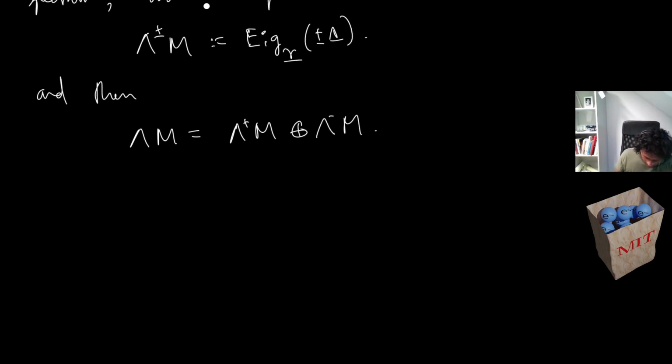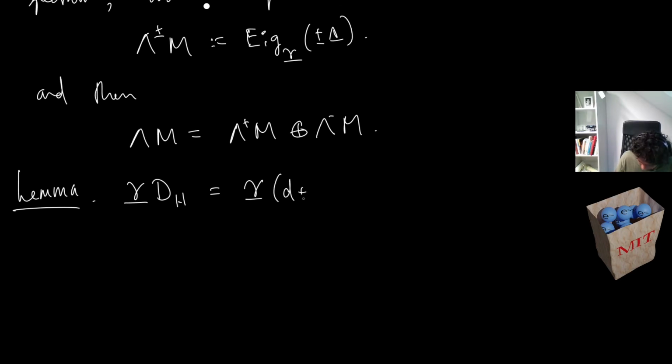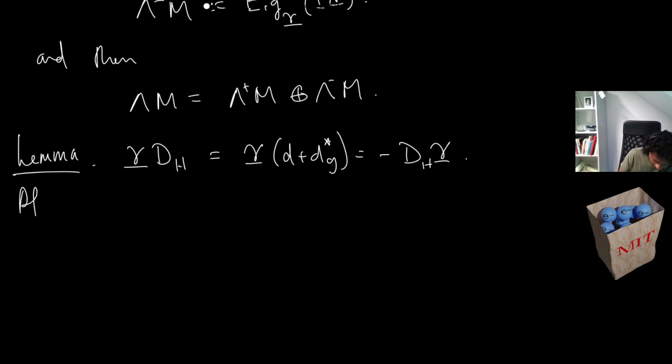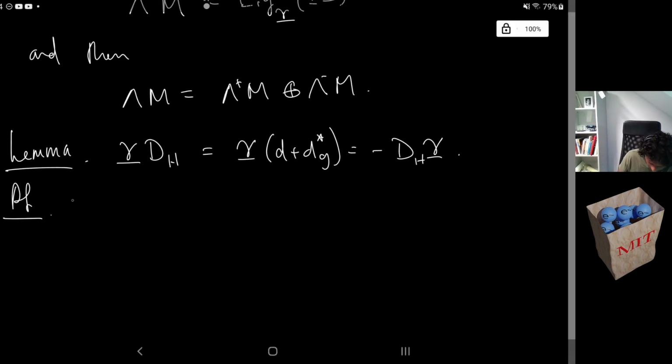Okay, so what have we gained? So the gain here is that upsilon composed with the Hodge-Dirac operator, d plus d star g, anticommutes with the Hodge star. Okay, so the proof of this, well, let's leave it as an exercise.